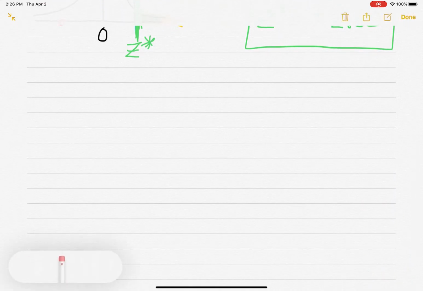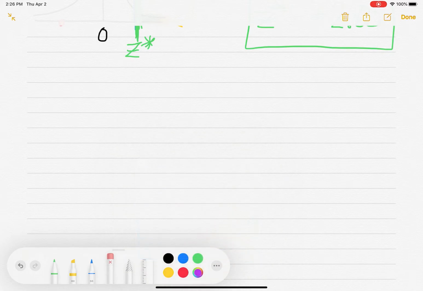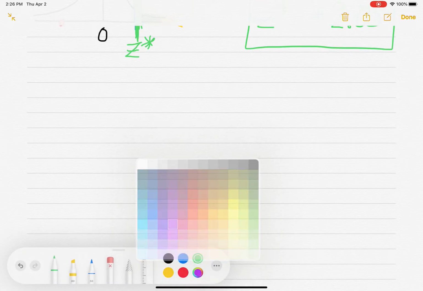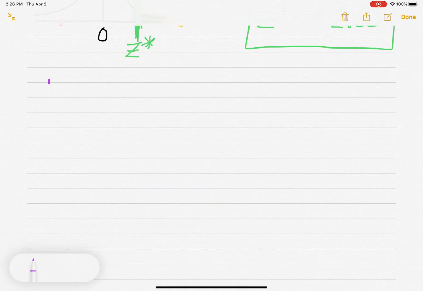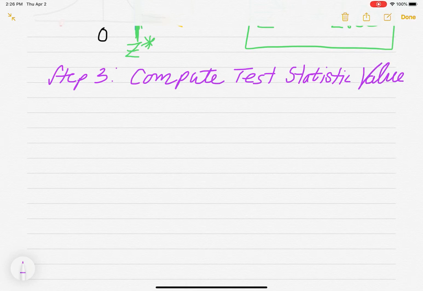Step 3: we're going to compute the test statistic value.